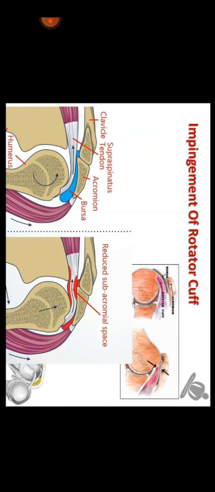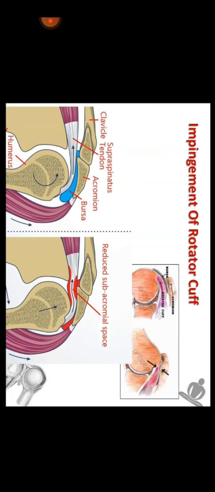When the arm is elevated, abducted, externally rotated, then the supraspinatus tendon falls below or beneath the coracoacromial arc and may get impinged against it.